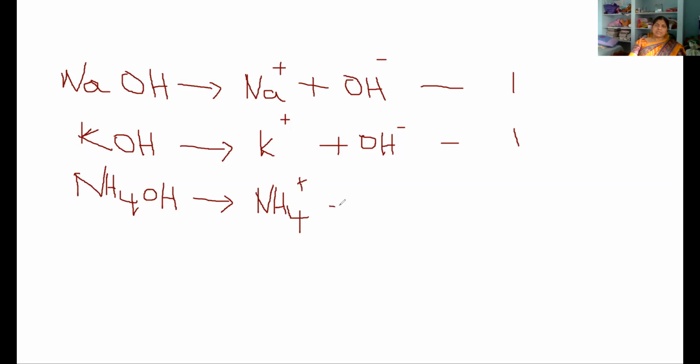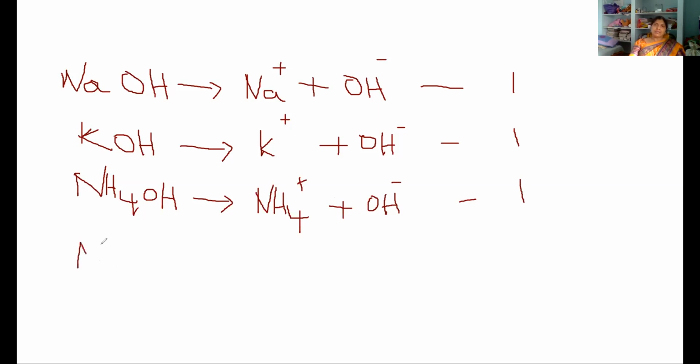So what is the acidity here? Here also the acidity is 1. That means only one OH minus can be replaced from one molecule of NH4OH.